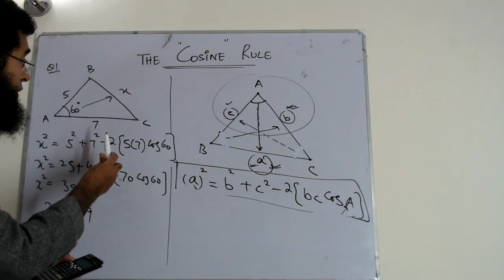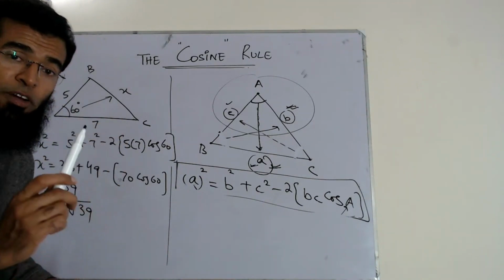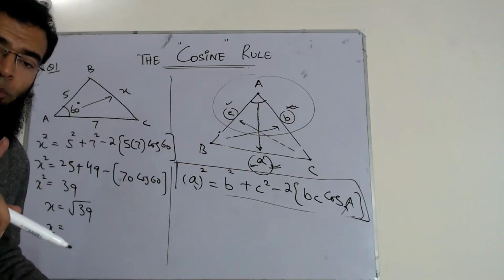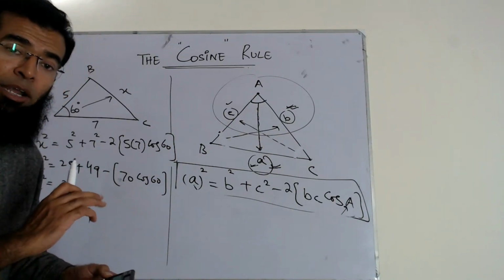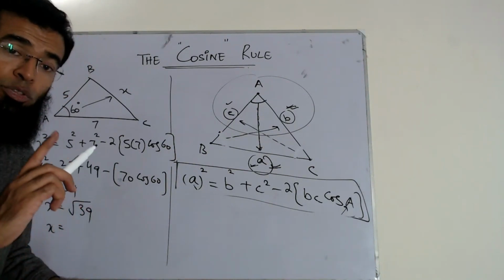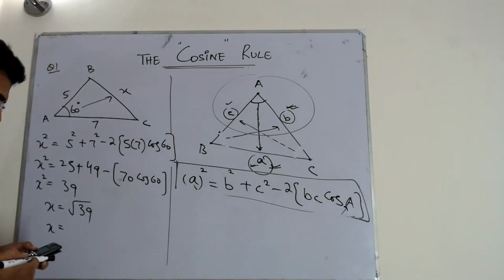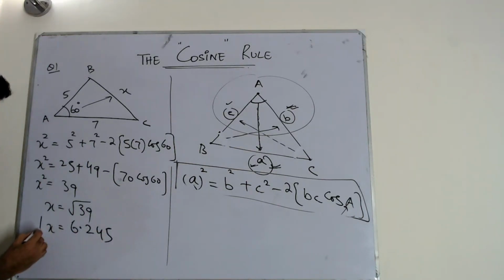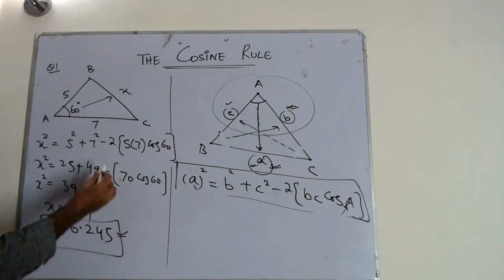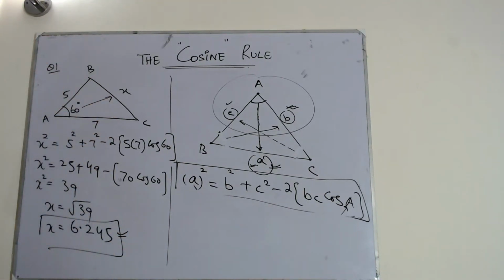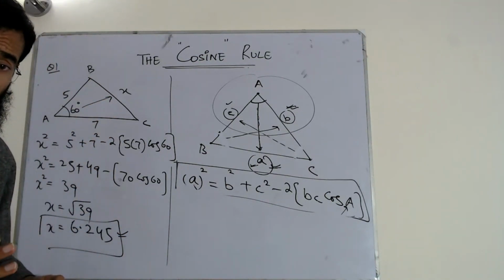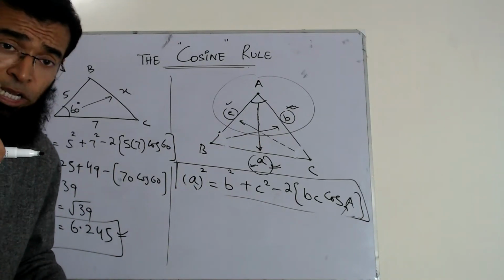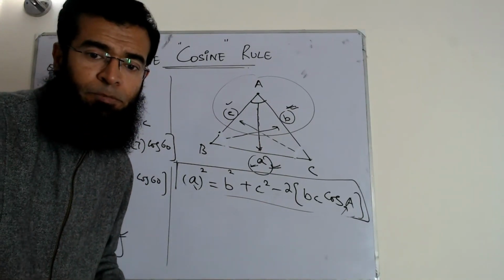If this question had been about finding the angle, all angles should be given to 1 decimal place, and all lengths should be given to 3 significant figures. So the answer is 6.245, right? So that is the length of x. I hope this is very simple, and let's look into the next question.